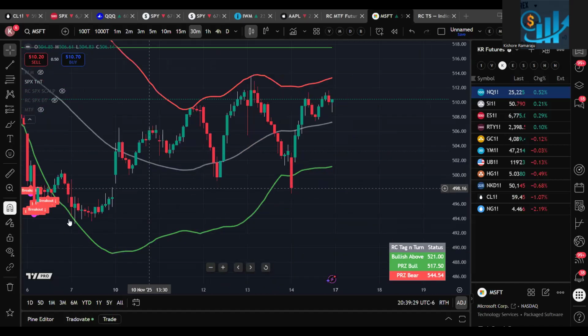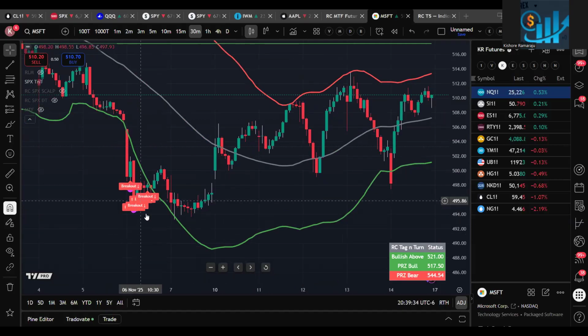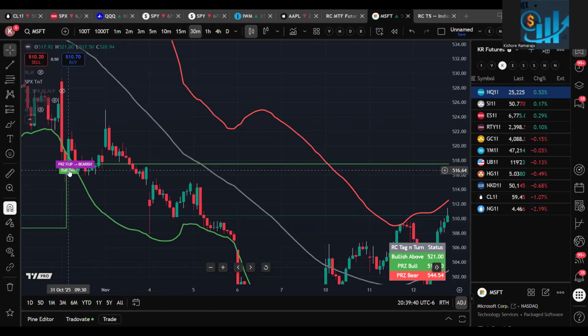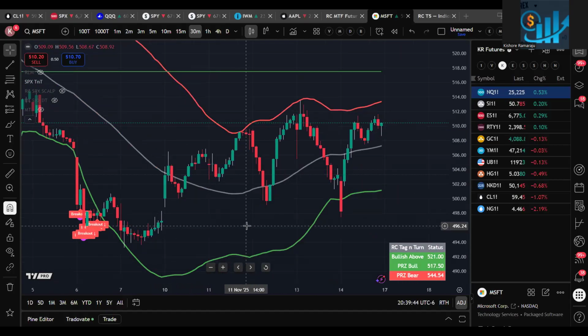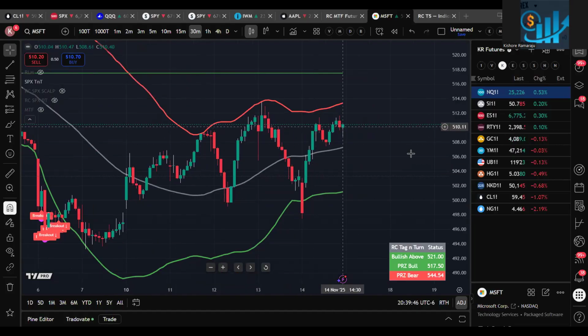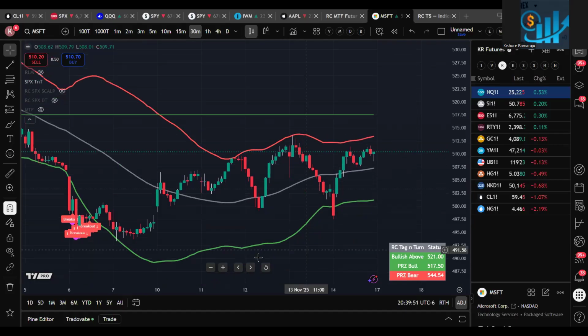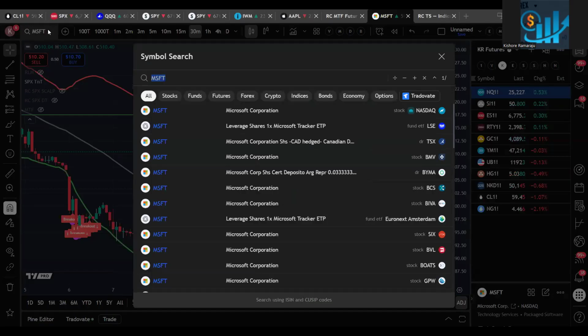Here we did not get any bull put or bullish tag and turn. We got some breakouts. Here we got a bullish tag and turn, and we don't have any bullish tag and turn on this one.